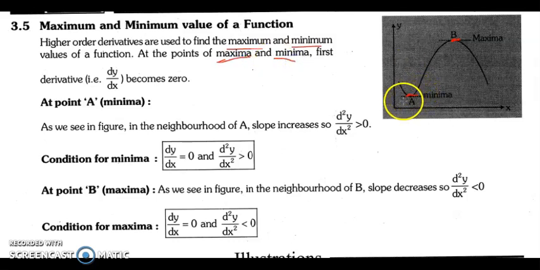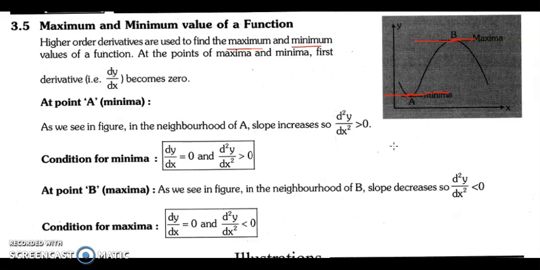As you can clearly see, at this point of maxima and at this point of minima, if we draw a tangent, drawing a tangent means a line which would be touching this point in this way, and a line touching this point in this way. You can clearly see both these lines are parallel to the x-axis.